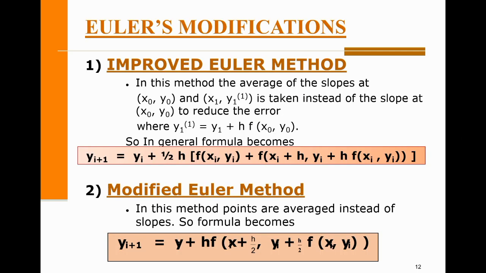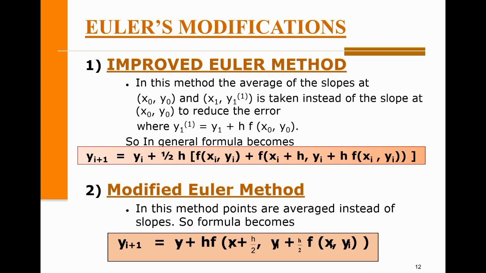Euler's modification. Euler has two types of modifications. One is the improved Euler method and one is the modified Euler method. In the improved Euler method, Euler modified the value by taking the average of the slopes instead of taking just the slope at x0, y0. So he improved the accuracy.